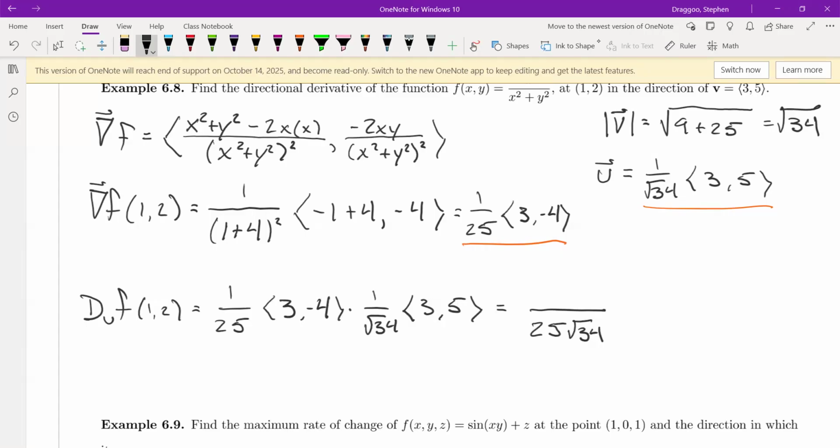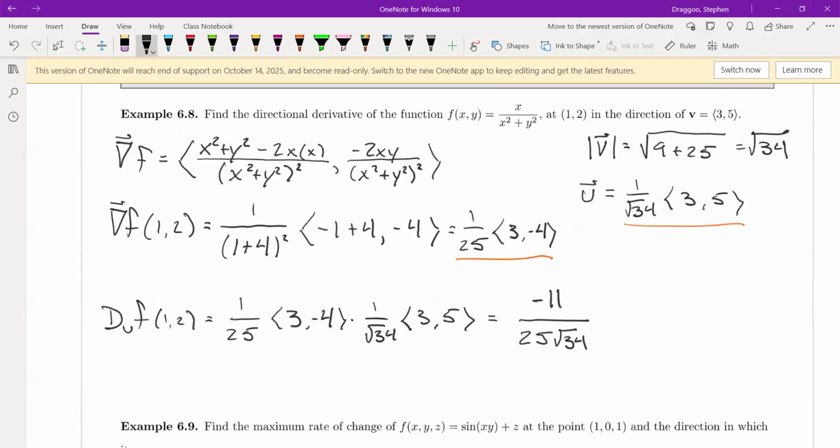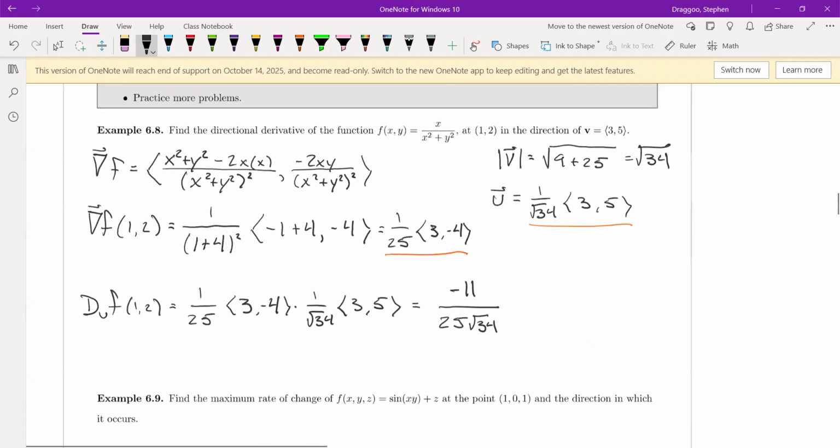But now I need a dot product of those two pieces. I've got a positive 3 times 3, which is 9, and a negative 4 times 5, which would be negative 20. 9 minus 20, negative 11. Cool.